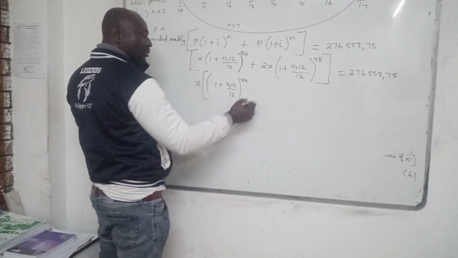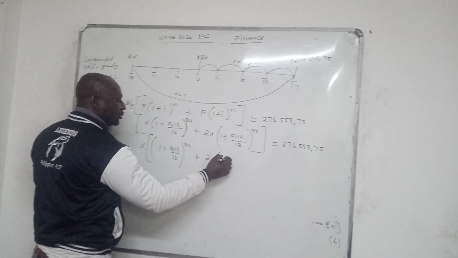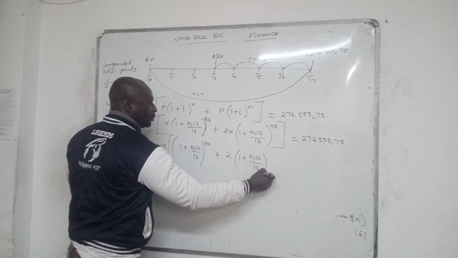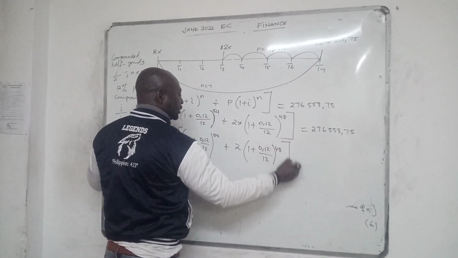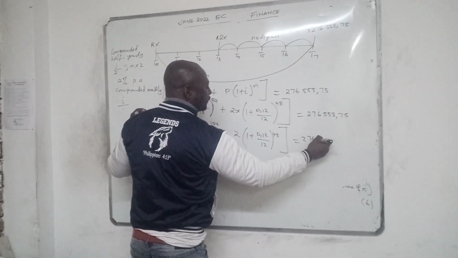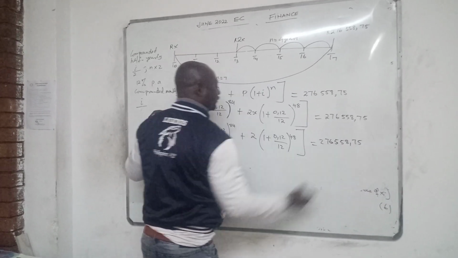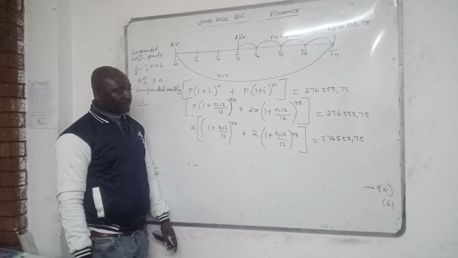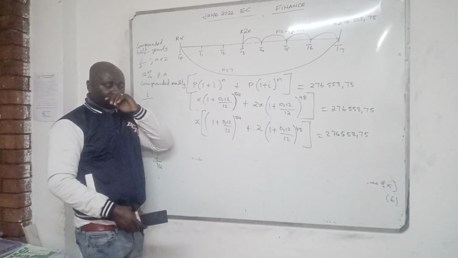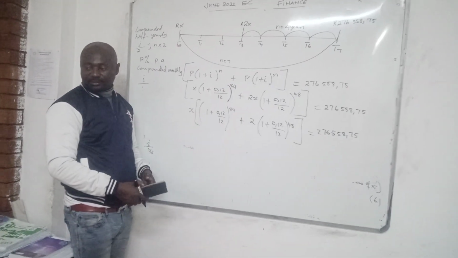Then plus 2 into bracket 1 plus 0.12 over 12 to the power 48, equals 276,558.75. Now I'm solving for x, so x is now multiplying.